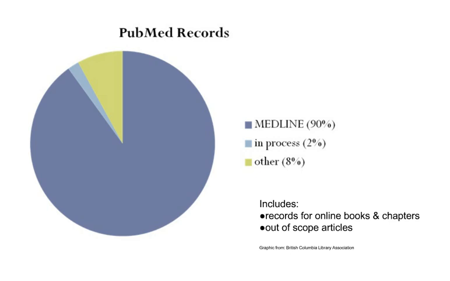And what I mean by out-of-scope articles is articles that don't necessarily fall within the biomedical research scope of articles. So there might be an article from Nature, for example, that's included in PubMed, but that would be thought of as an out-of-scope article. 2% of PubMed is also made up of what's called in-process citations. And so these are just citations that are in the process of being read by a human indexer, but don't actually have the MESH terms attached to them yet.